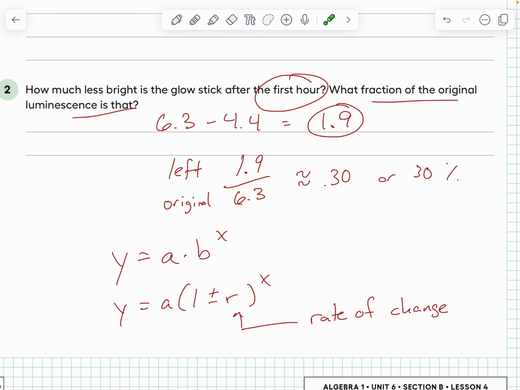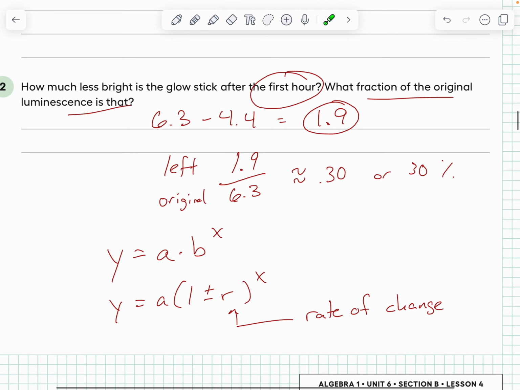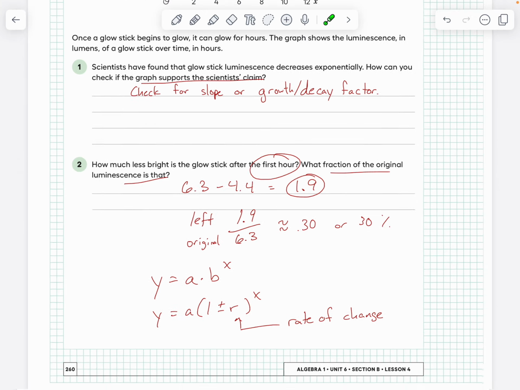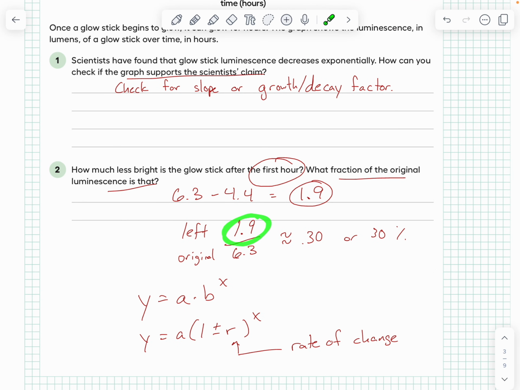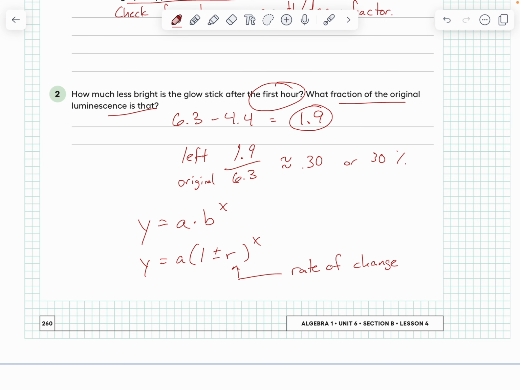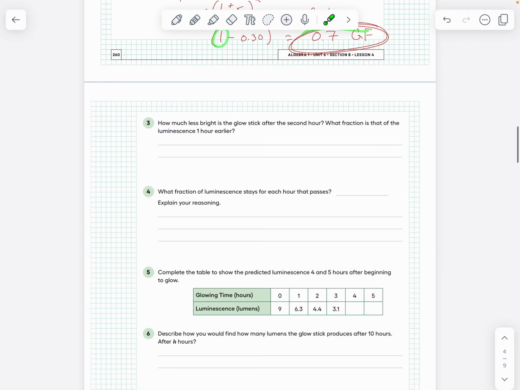So since we knew that it was going down 70%, or 30%, excuse me, yeah, it's going down 1.9, right? 1.9 is 30%. So in this case, it would be 1 minus 0.30, which is 0.7. So if you're not really sure how to find your growth factor or decay factor, okay, you could always take the percentage of what was taken away and then subtract or add that to 1, and that's going to tell you your growth or decay factor. All right, we'll talk a little bit more about that later.